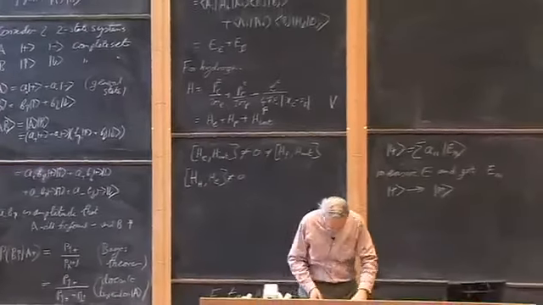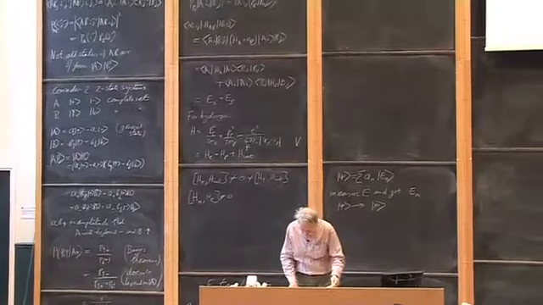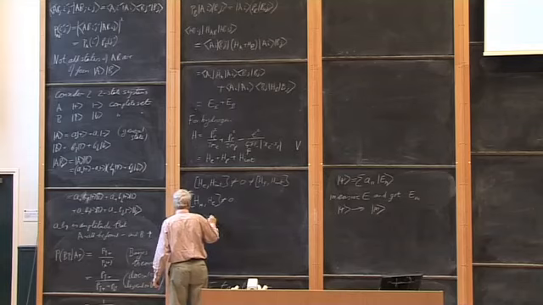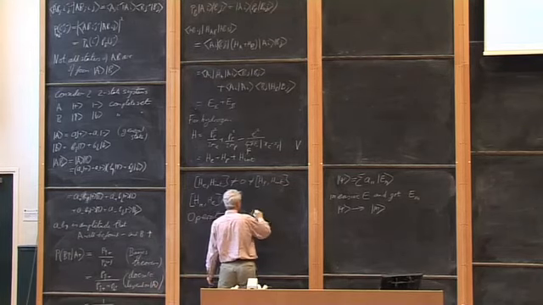Well, we're going to have to stop, unfortunately, at that point. But we're pretty nearly done. I'll just write down one final statement, which is that the operators of different subsystems always commute.